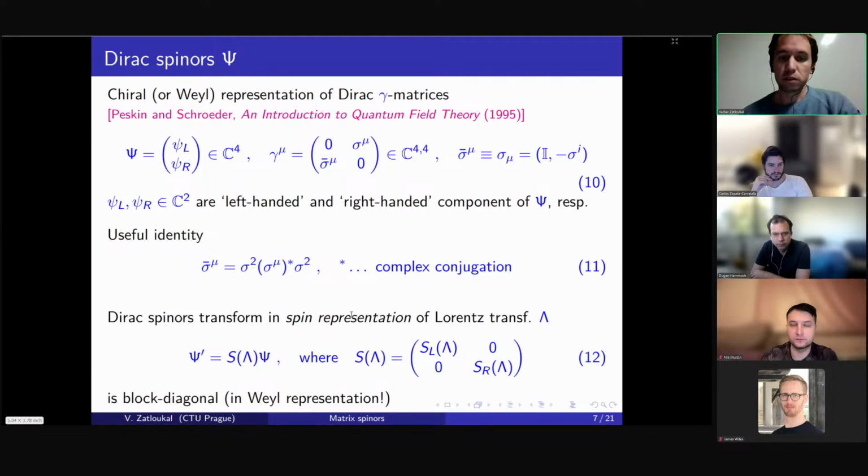Now, the Dirac spinors transform under Lorentz transformations in the spin representation, which for a Lorentz transformation is a 4x4 complex matrix, this S lambda, which in the Weyl representation is block diagonal, because the gammas are off diagonal. This is very convenient.